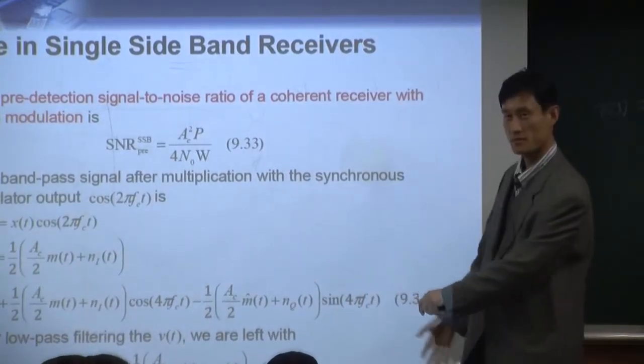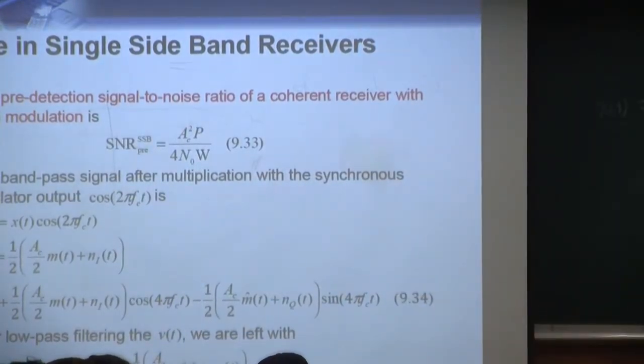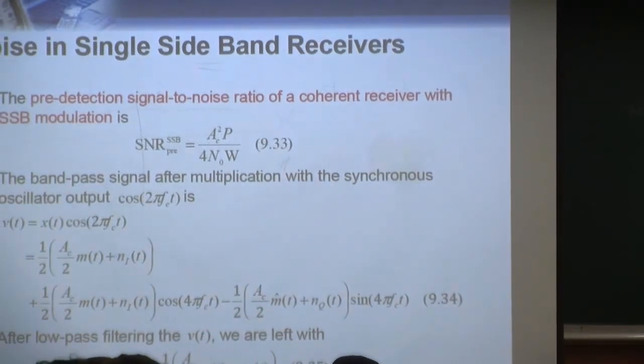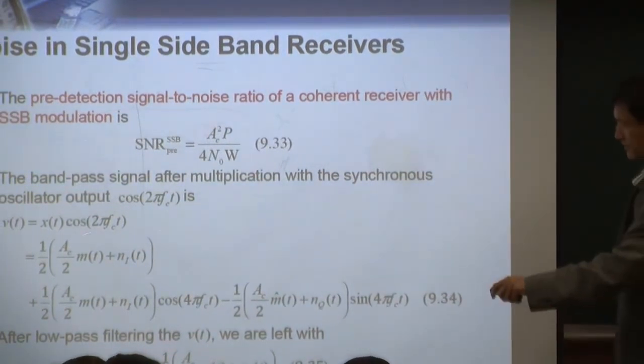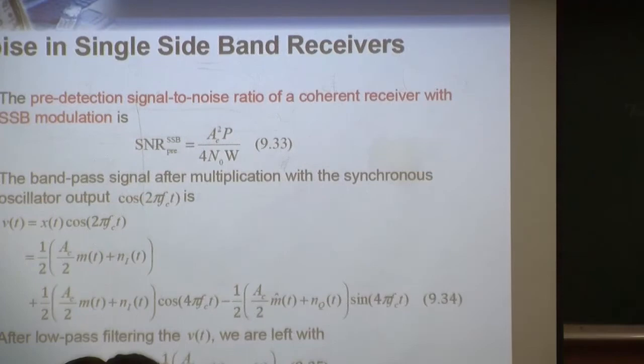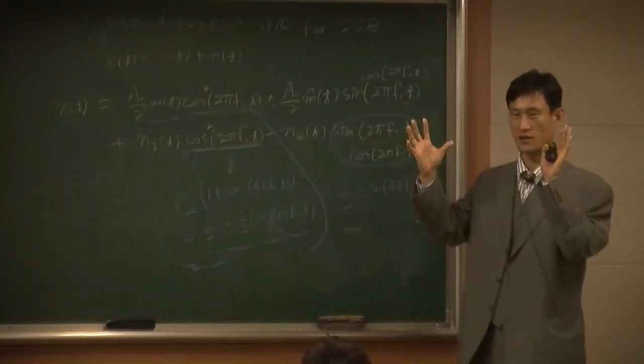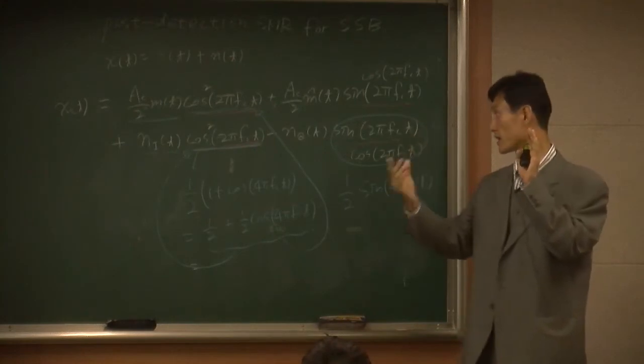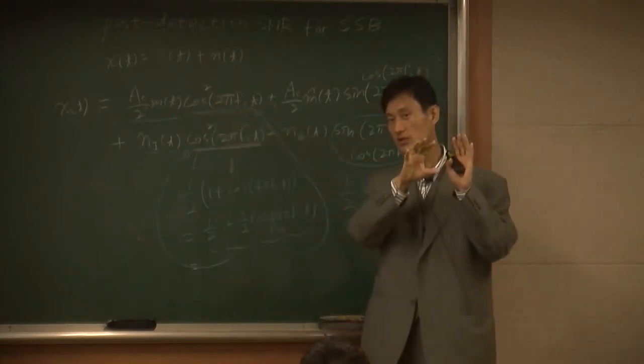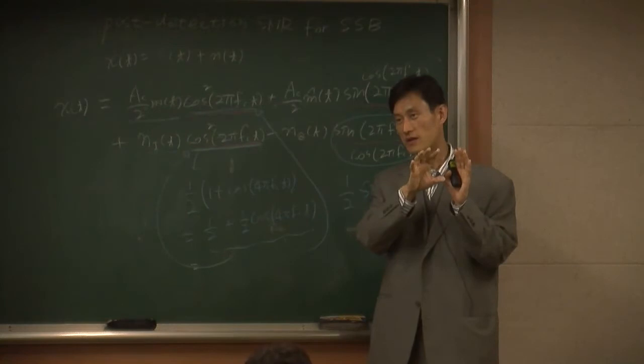Looks like a complex, but it's not really complex. It's as simple as this. So that's what you see here. And now what is the next thing to do? Remember the coherent detector structure. You multiply cosine carrier, and next thing to do is low pass filter, right?